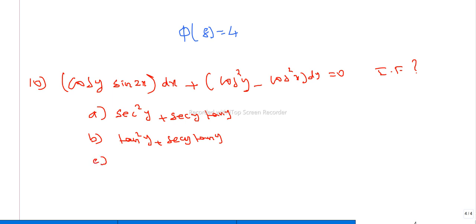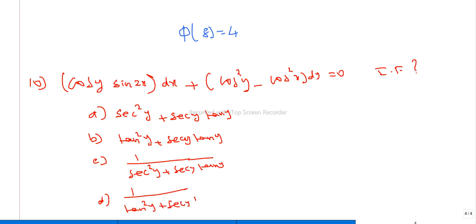Then the third option is 1 by secant square y plus secant y tan y. The last option is 1 by tan square y plus secant y into tan y.